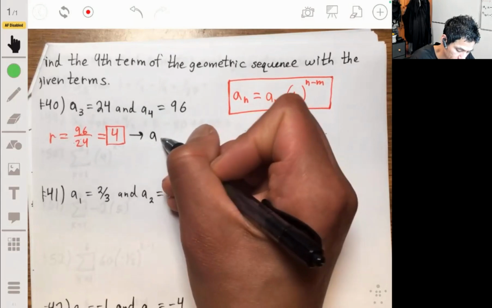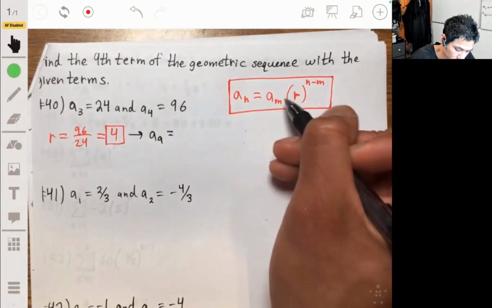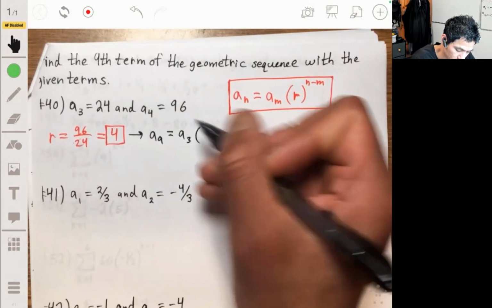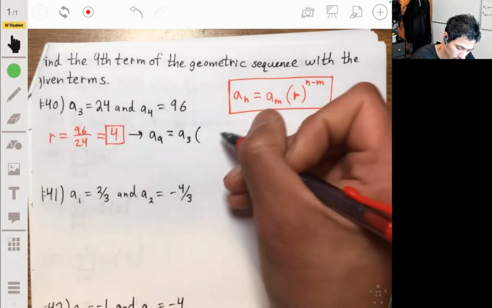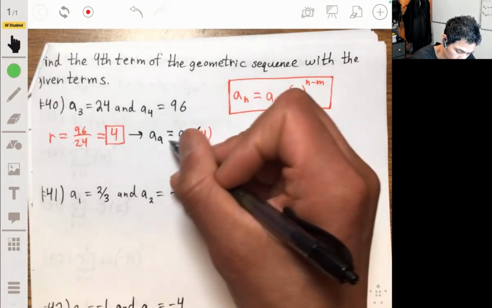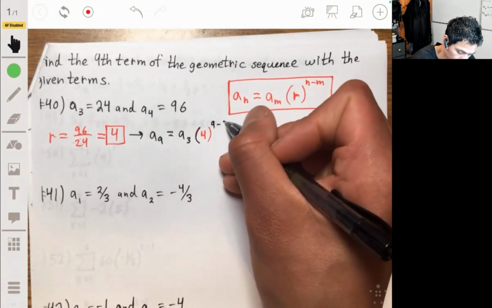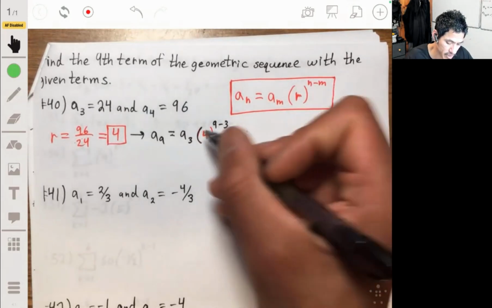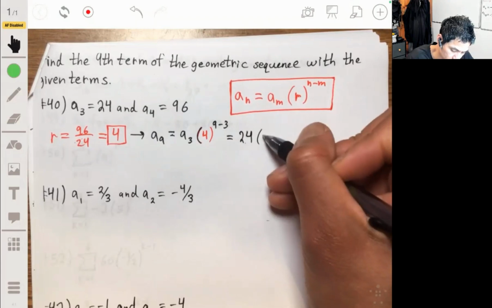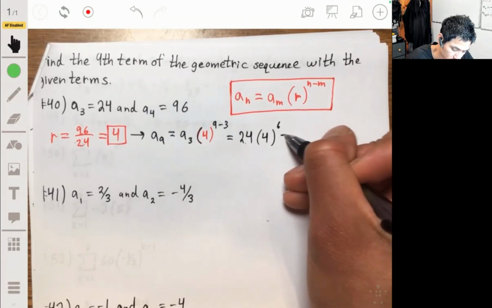And then a9 will be equal to, let's just make it a3 times r, times 4 to the 9 minus 3 power. So this will be equal to 24 times 4 to the 6 power.